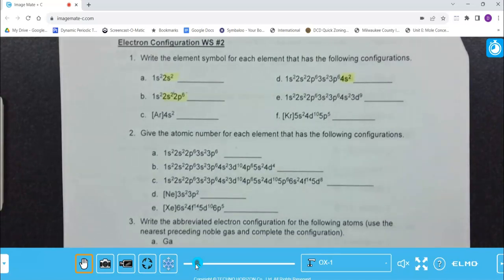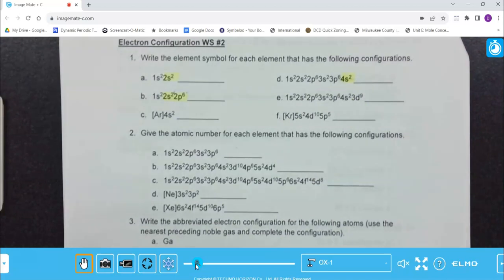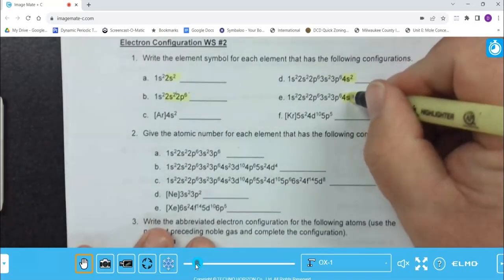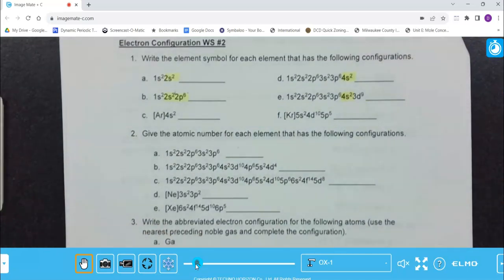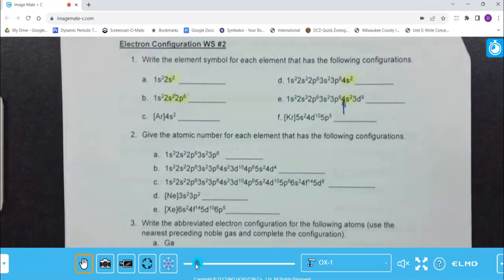And E and F are both really good examples because when you're looking for the outermost energy level, it is not the third. The outermost energy level is the 4th energy level, so that would have 2 valence electrons. So remember, the outermost energy level is going to be the energy level with the biggest number, and the biggest number is right there, 4.